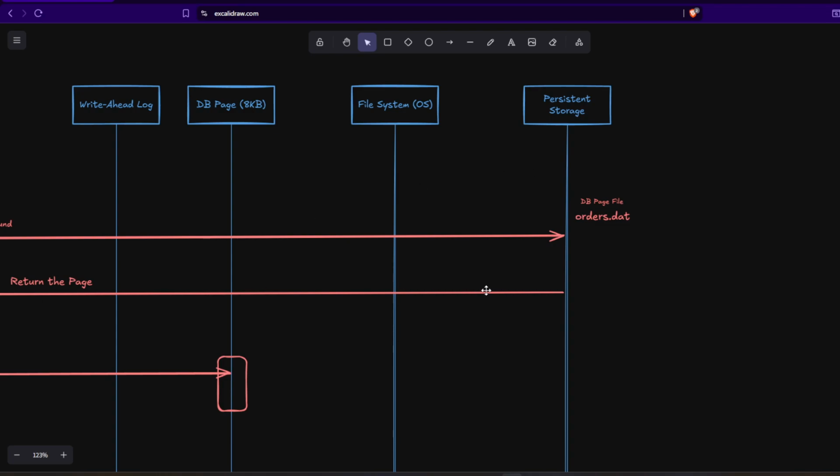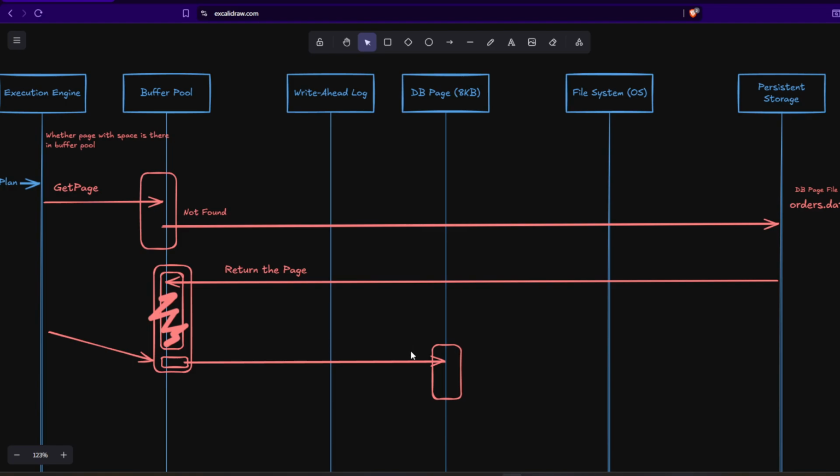After the executor identifies the page and before modifying it, this is step number one, and this is step number three, to update a database page.